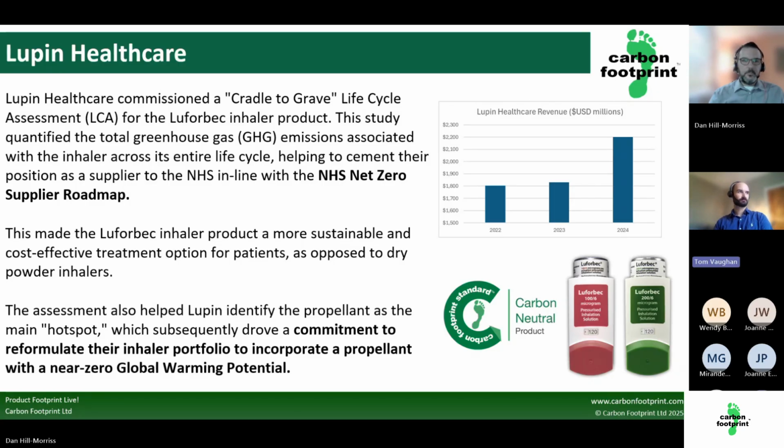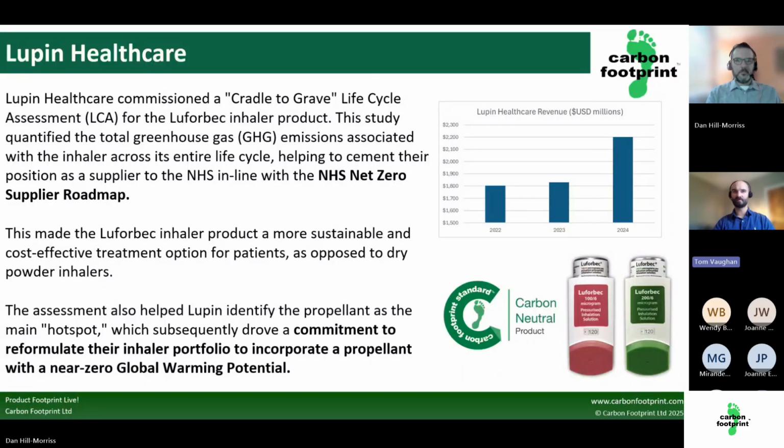Yeah, so the NHS are very keen. So if you supply your product to the NHS, you have to get it carbon assessed. And in this case, what Lupin found was there was a huge hotspot, which was the propellant used.